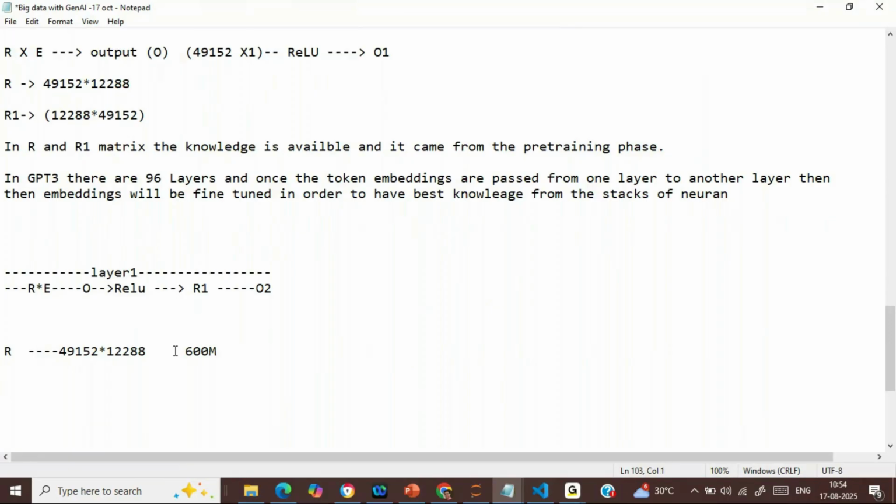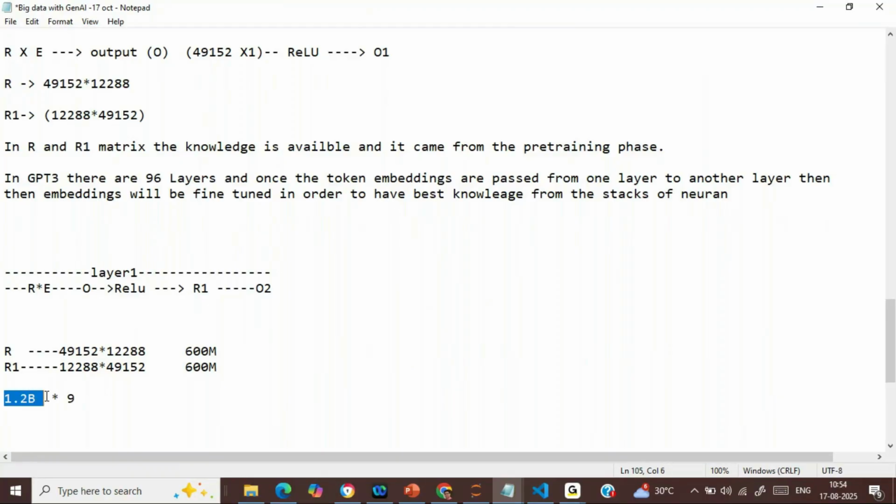And we have the R1 matrix as well, having the size of 12288 cross 49152, which is almost 600 million parameters, and if we add, it will be around 1.2 billion parameters.